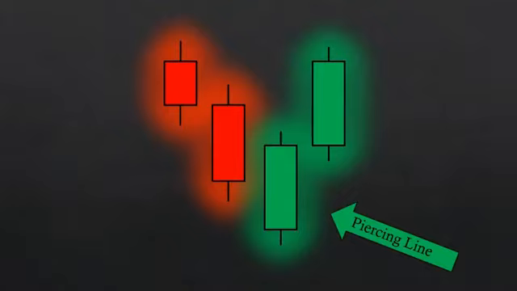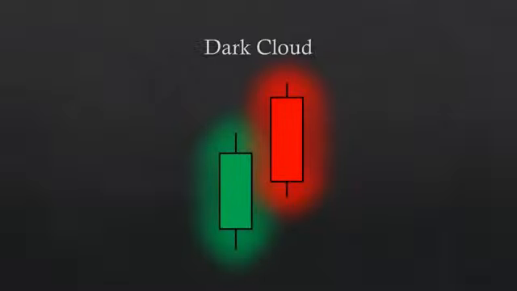The next pattern is the precise opposite of the piercing line, and it's called the dark cloud. In other words, it's a complex bearish reversal pattern composed of two candles. The second candle opens with a gap up, implying some buying power. The second candle closes with a significant bearish quality that not only closes the gap created by buyers but also pierces the line created by the closing value of the first candle.